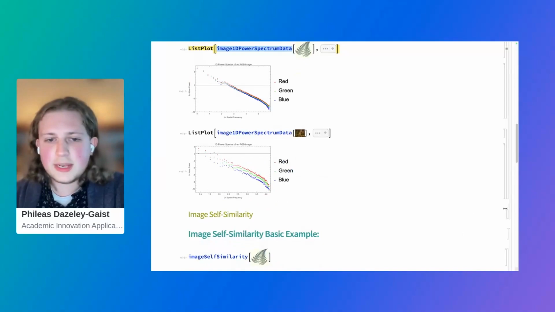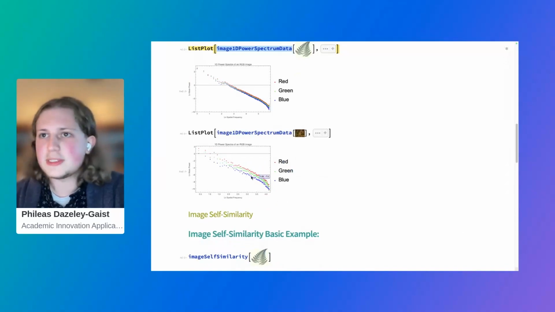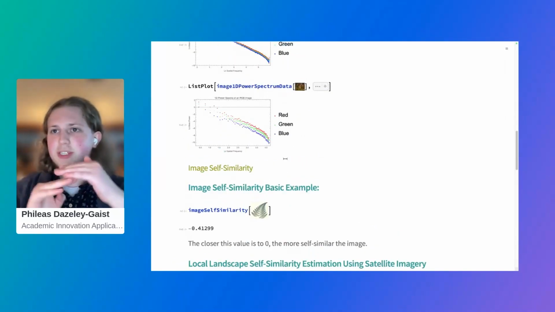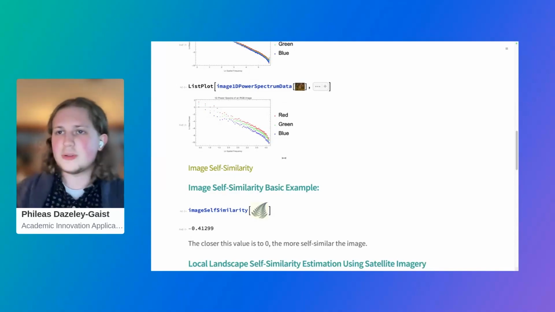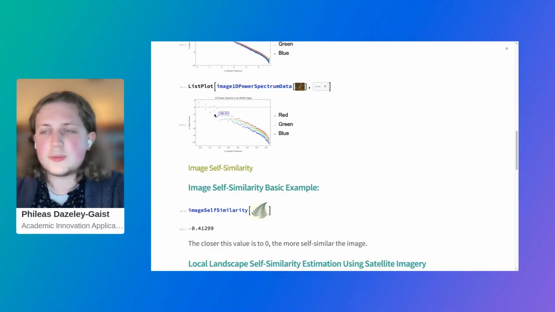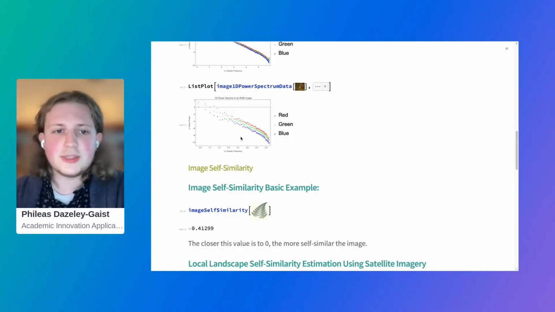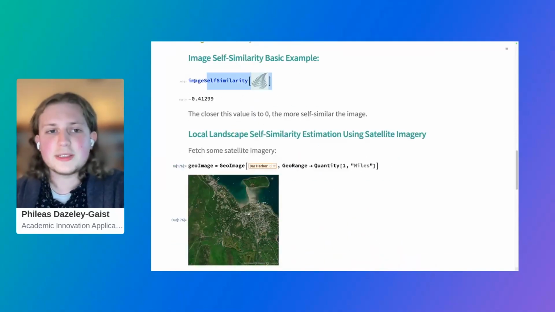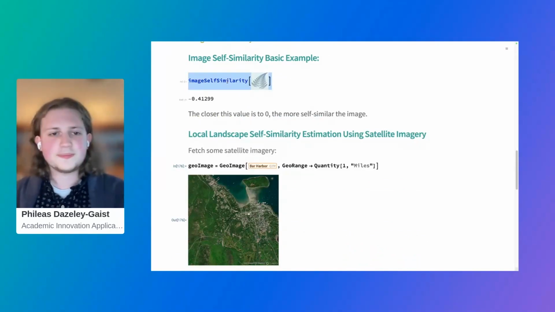The image self-similarity is essentially just looking at the slope of this line in this log plot, seeing to what extent it matches -2, and then returning the distance from -2 that we get when we fit using least squares a line to these slopes. So this is the insight behind how this image self-similarity function works. And I'll make sure that this notebook is available for download.